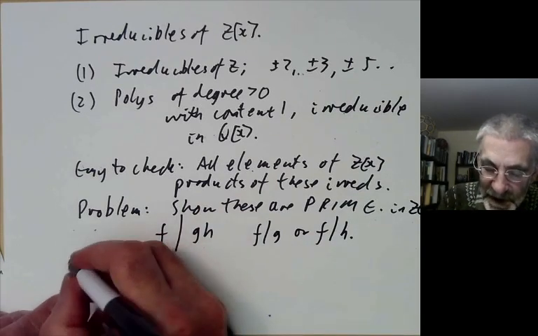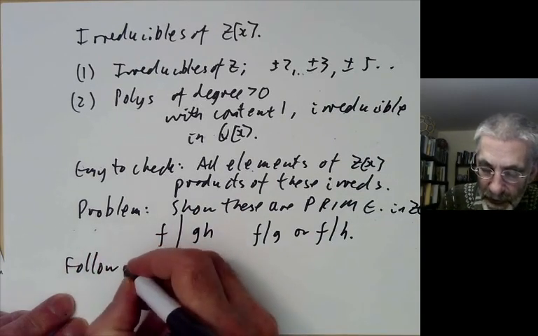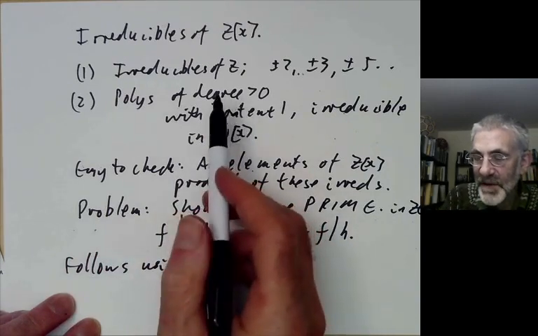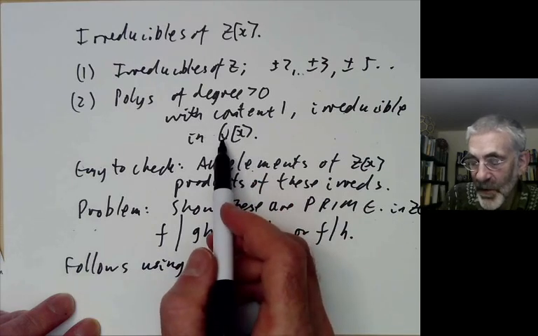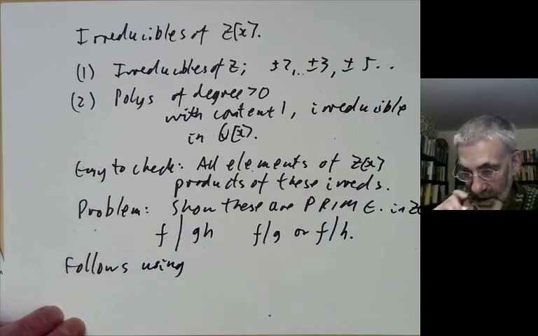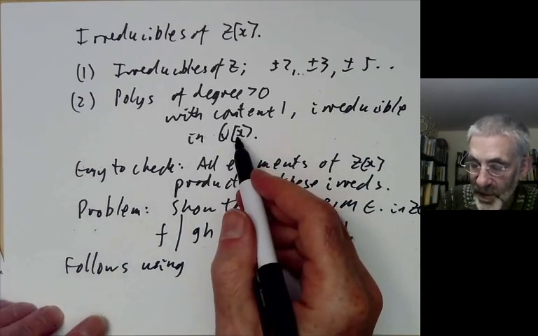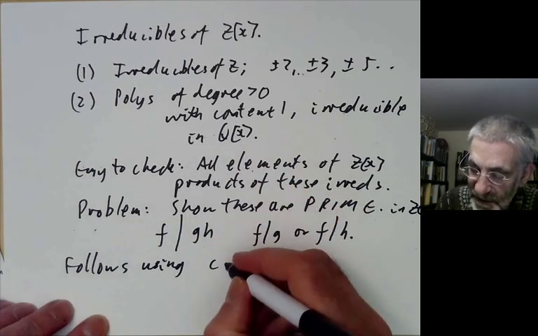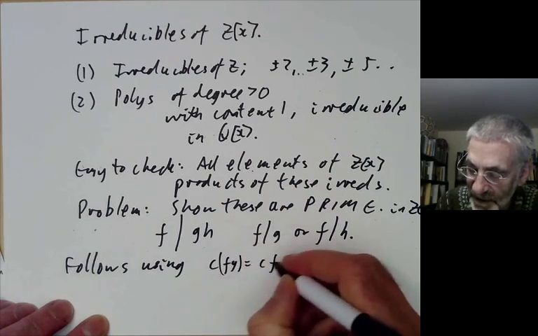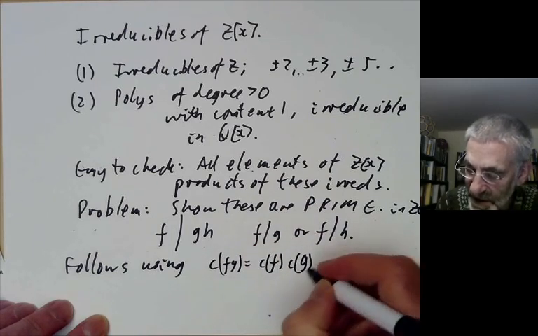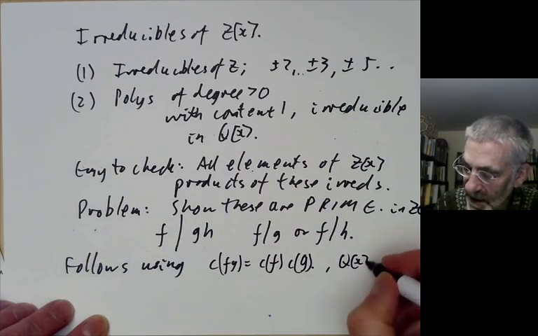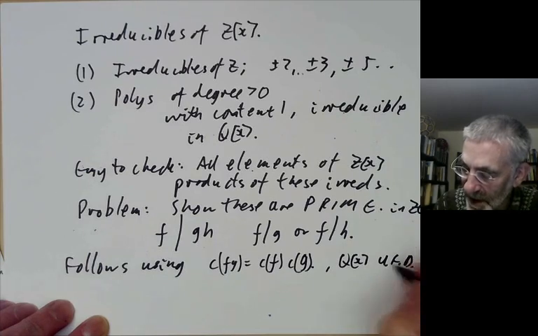And this follows from using, well, first of all, we need to use the fact that the ring of polynomials over Q is a unique factorization domain, so irreducibles are prime. And we also need to use the fact that the content of fg is equal to the content of f times the content of g. So we're using this plus Q[x] is a unique factorization domain.